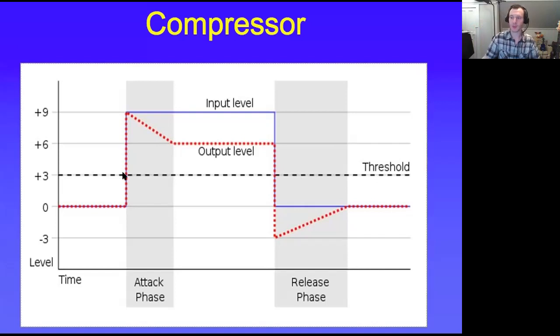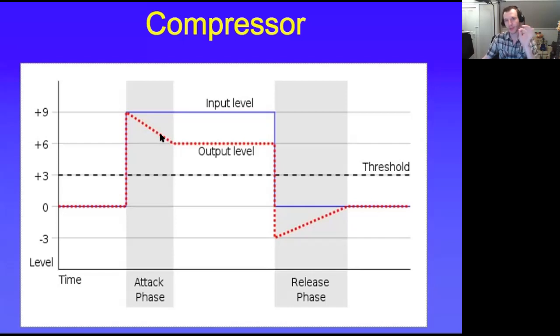And that is what we are seeing in this first gray time period here. From this top corner here to the end of the gray section is the compressor beginning to engage. And in that process, we see it bring the volume level down.